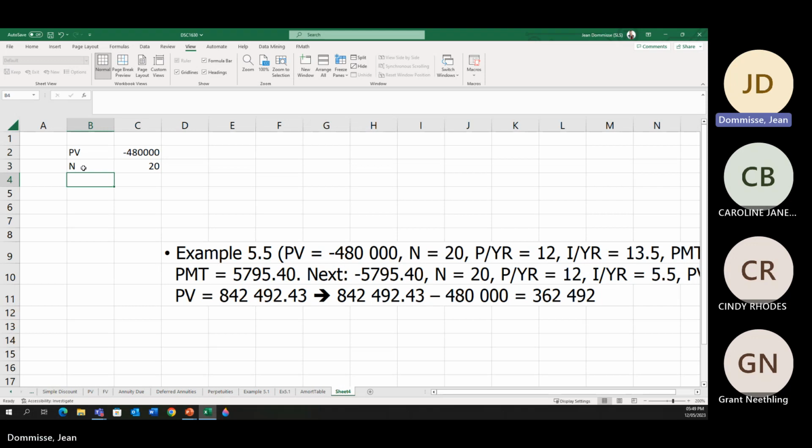They told us it is 12 times per year. So again, if we're looking at it from a home loan perspective, they told us the interest rate was 13.5%.